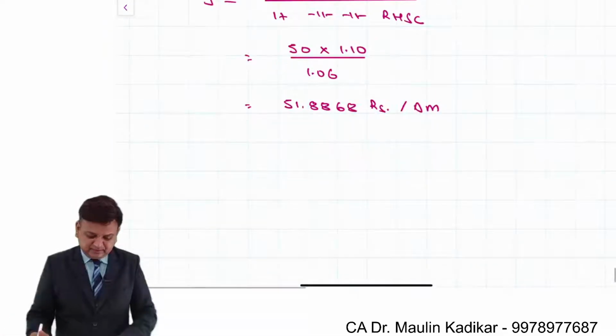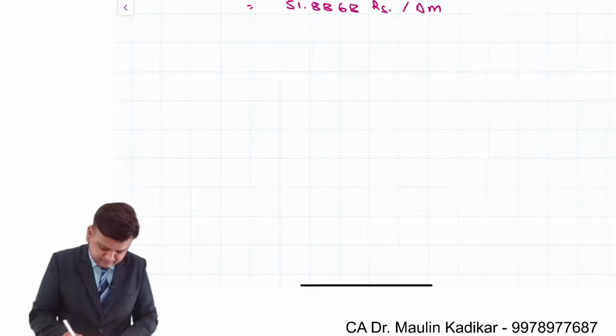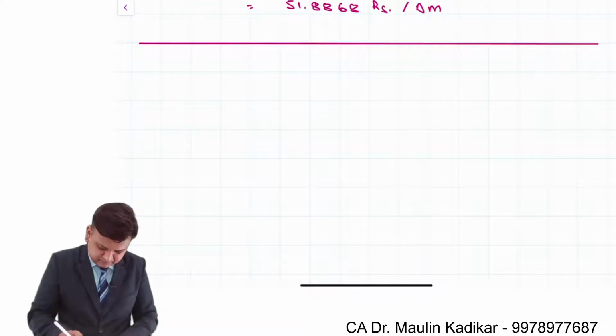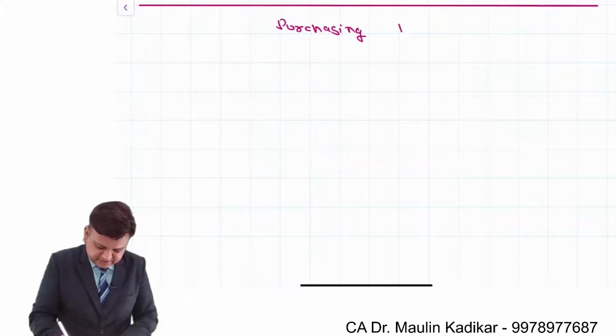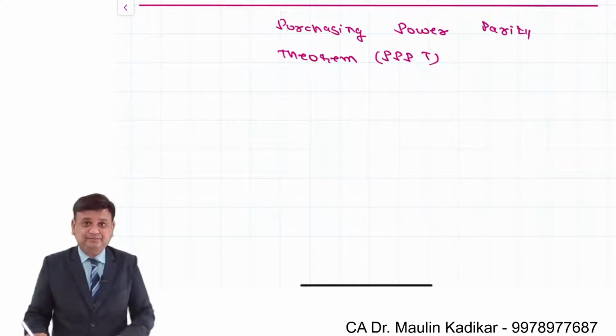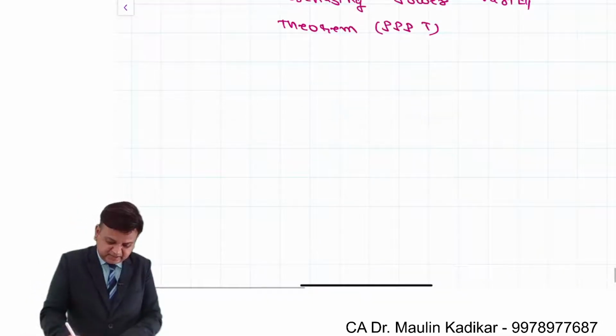So write the heading: purchasing power parity theorem, triple PT. In that, write down the first point.